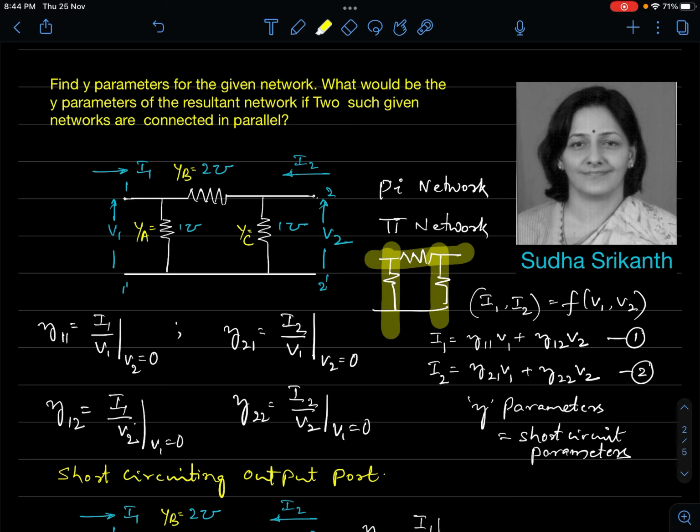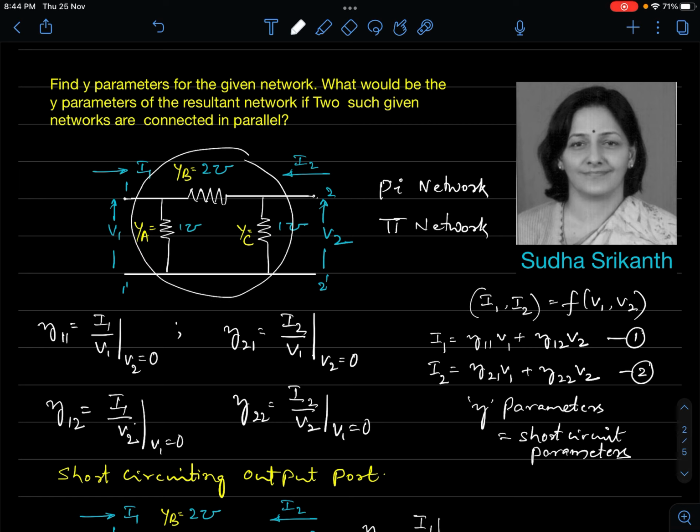A pi network is useful. This shape is useful to determine the y parameters. If a network is available to us, and we can convert it into the pi shape, it becomes easy to determine the y parameters.